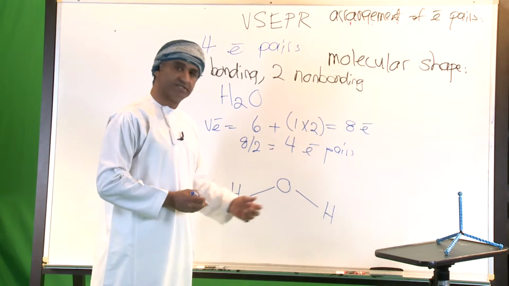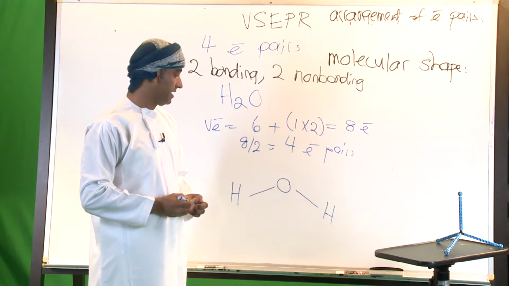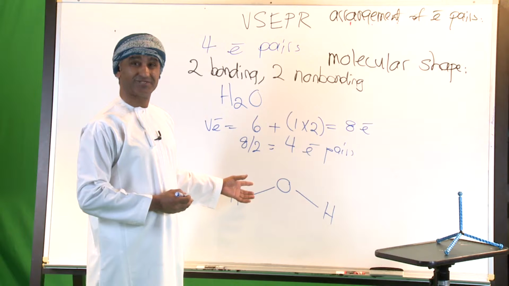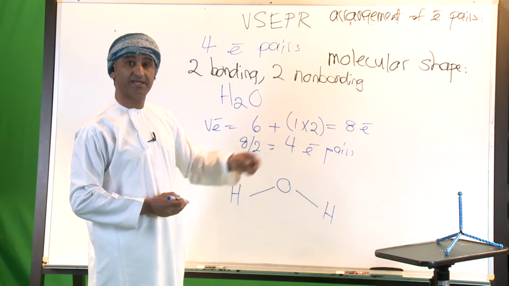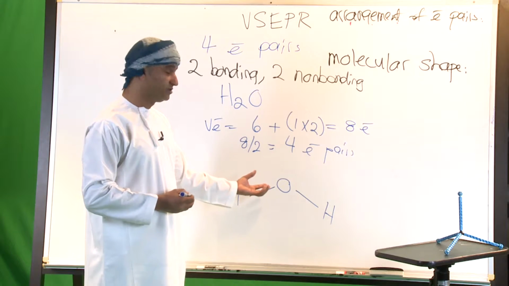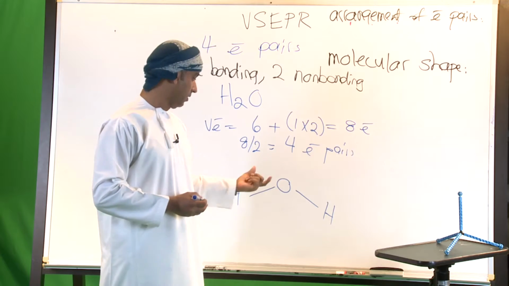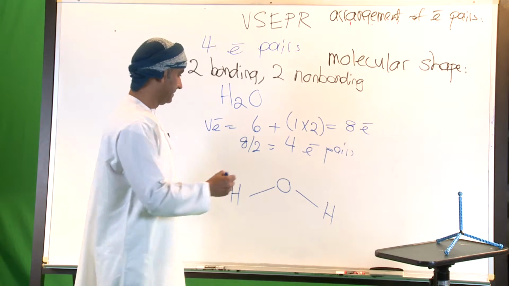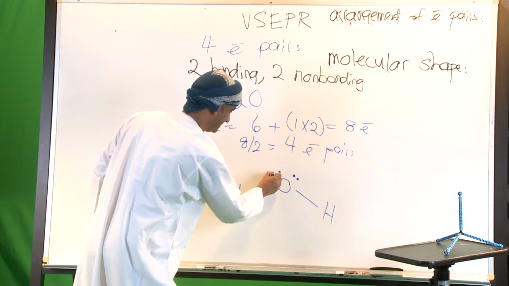But the central oxygen atom is surrounded by only 4 so far, and there are only 4 electrons in this tentative Lewis structure, but we had 8 before. So we need to place 4 more electrons, or 2 pairs if you like, on the central oxygen atom. So that's 1 pair, and that's another.